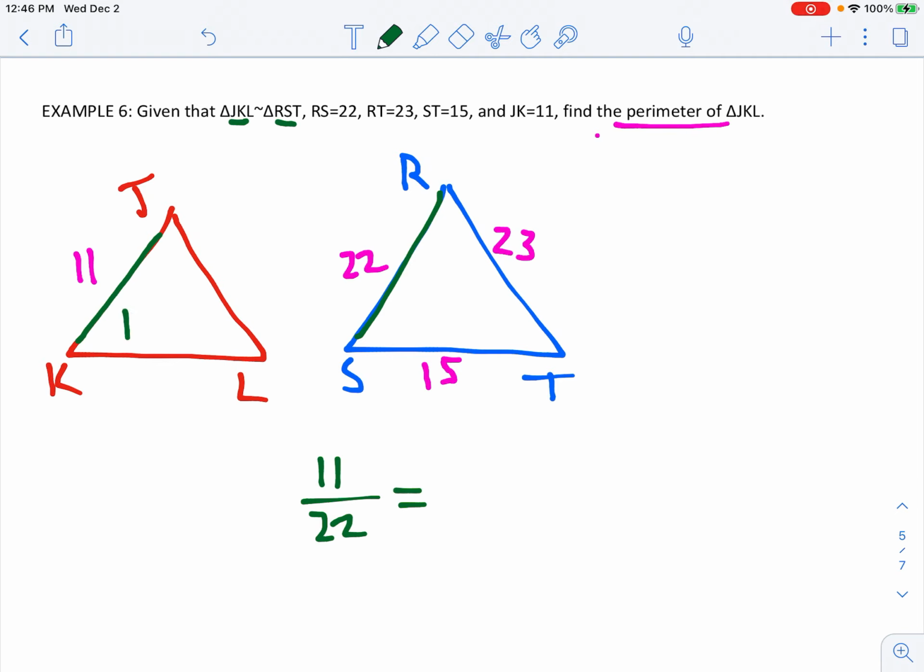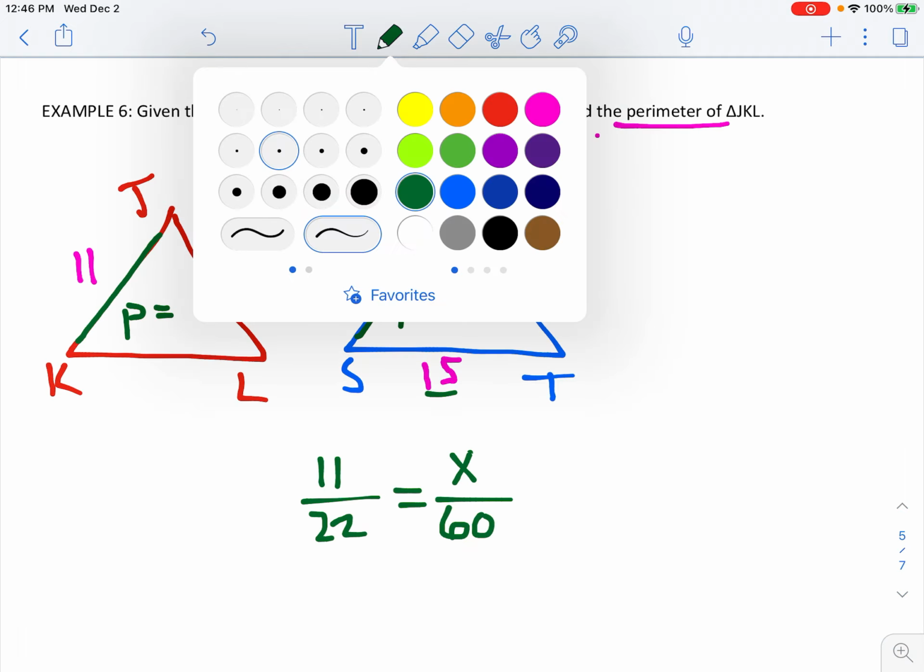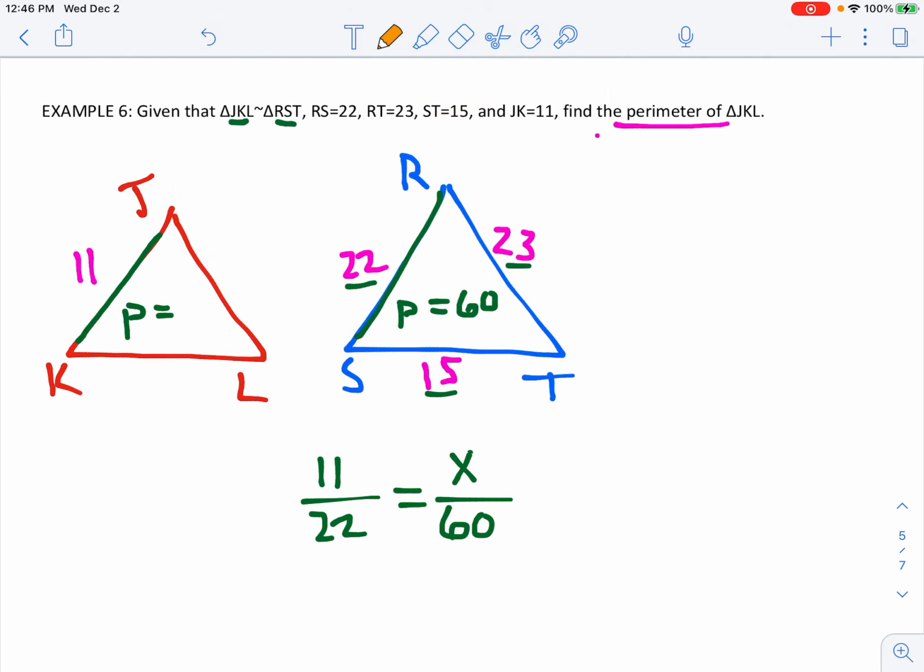I do not know the perimeter of my triangle over here, so I'm going to call it x. I can find the perimeter of my second figure by adding the three sides together. If I add those together, it gives me a perimeter of 60 for this figure, so I'm going to use 60 on the bottom. So again, we went a side over a side equals, we didn't know the perimeter of the first figure, so we used x.